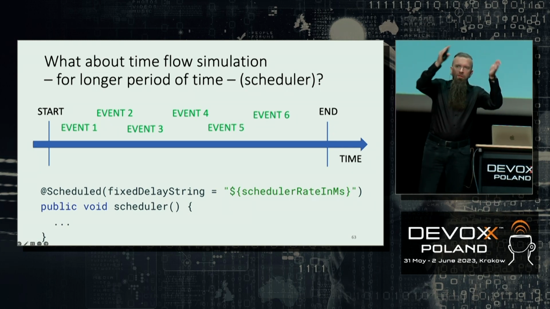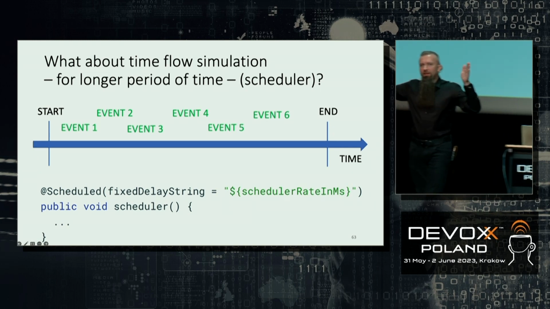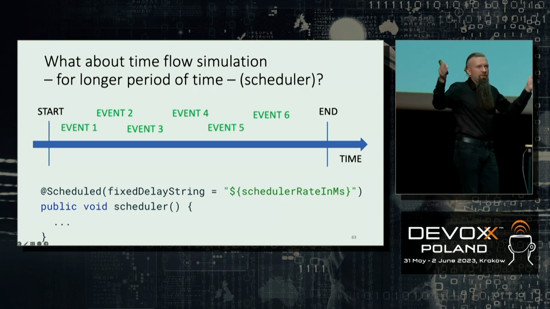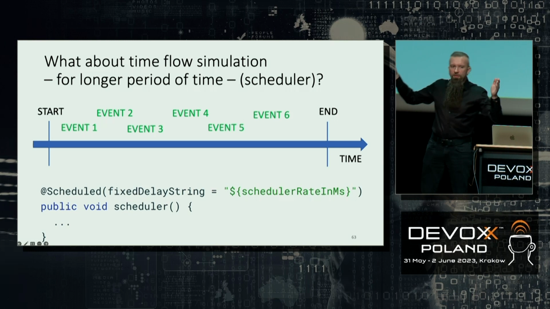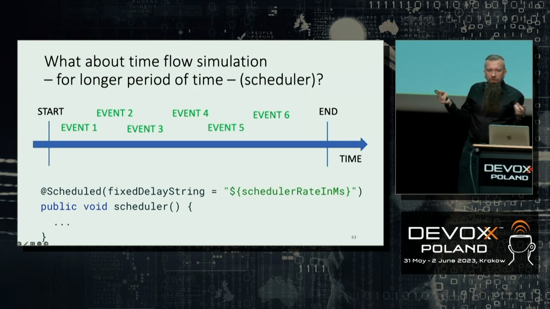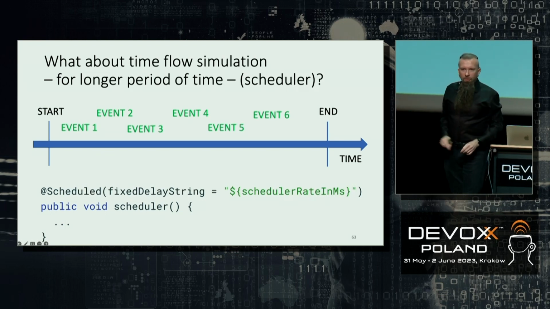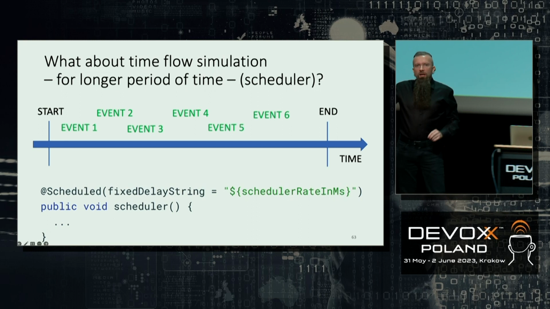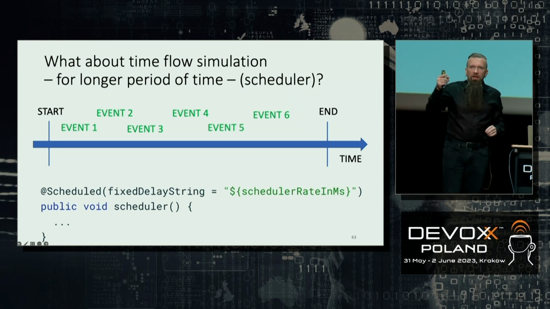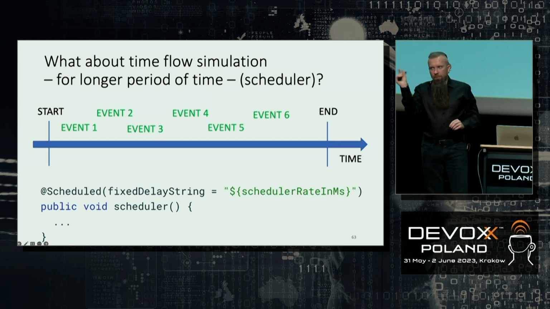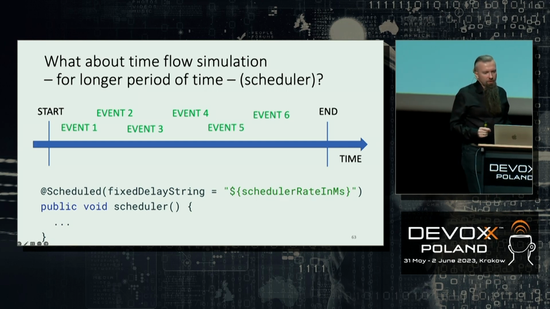Imagine we have a process which starts in the morning and ends at the end of the day. We are not going to write an integration test which takes 24 hours. We would like to run this at the speed of a unit test and just simulate the time for the whole application. We would like to validate if certain events were emitted at particular points of time, with, of course, some small delay.